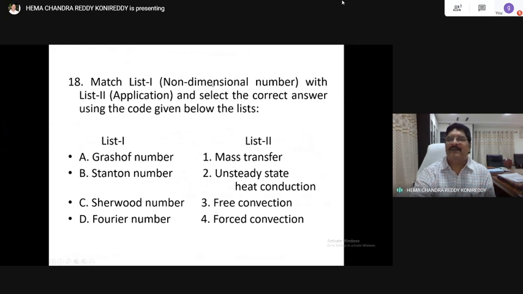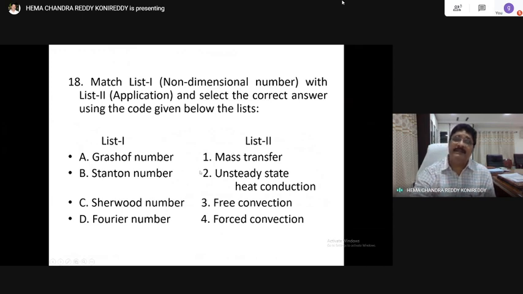Now, this is something very interesting. It's just a very quick recap of the numbers we have calculated, matching them. Grashof number, where it comes in free convection. Stanton number, I said it is the ratio of Nusselt's and Peclet number. This comes in forced convection. Sherwood number we are not going to discuss because we are not studying mass transfer.